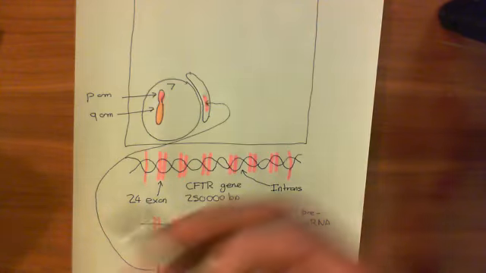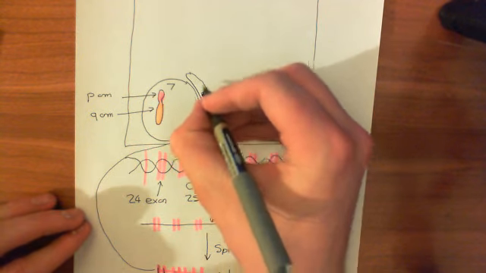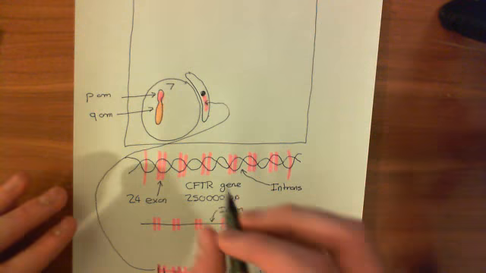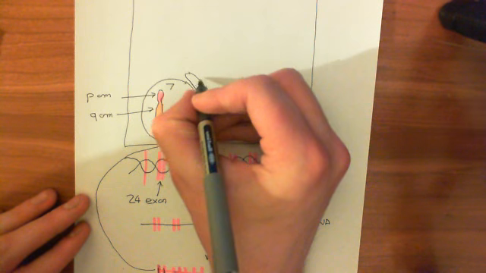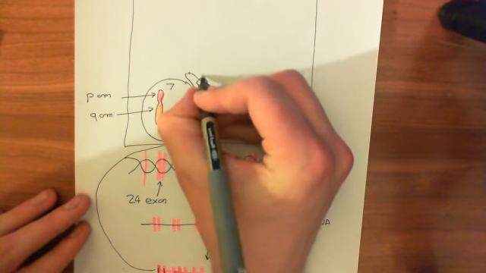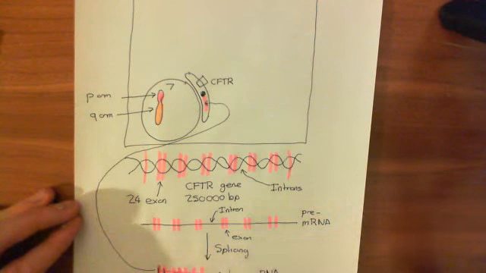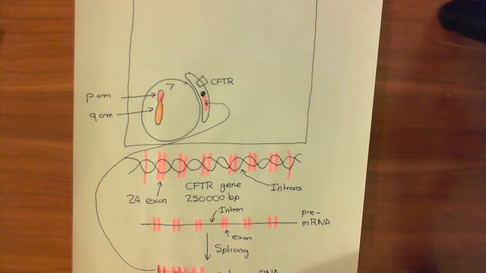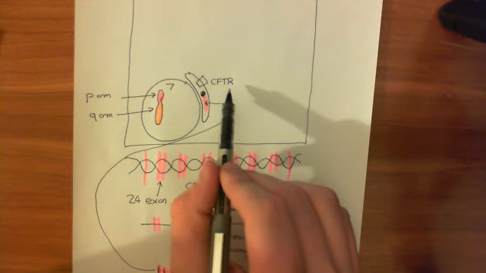And basically what is going to happen is that you're going to have a ribosome here, which is going to use this mRNA to make you your CFTR protein. So you end up with your CFTR protein. So I'll draw my CFTR protein here, okay? So this is the CFTR protein. Right. And now what I want to discuss is what is going to happen to the CFTR protein next, basically.